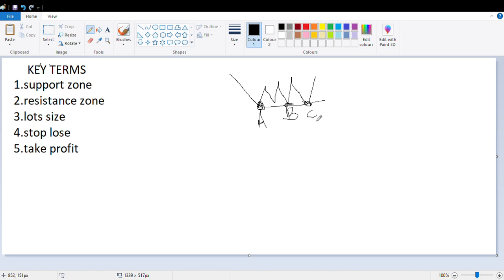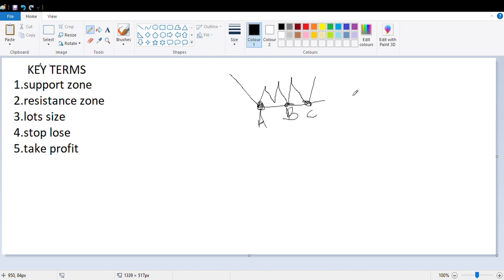When you go to the market, you will see a lot of movement showing a support zone. The support zone wouldn't always be clear like this, but you have to adjust your trend lines so that you get accurate zones for the support zone.